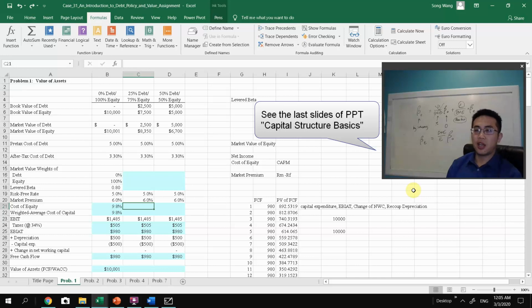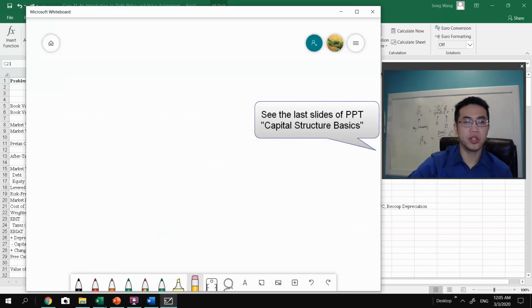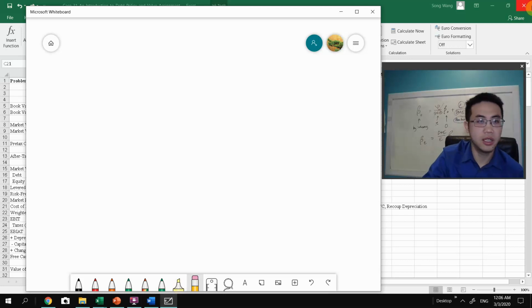If we do consider tax, things are getting a little bit more complicated. It is not mentioned in your PowerPoint slides, but if I ever ask you a question on that, it could be extra credit. So what is the levered beta when we do consider tax rate? Right here we have the beta for debt, and the weight is the amount of debt divided by the value of a levered firm.